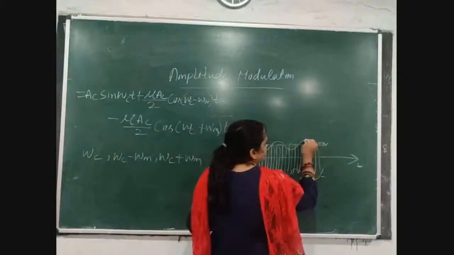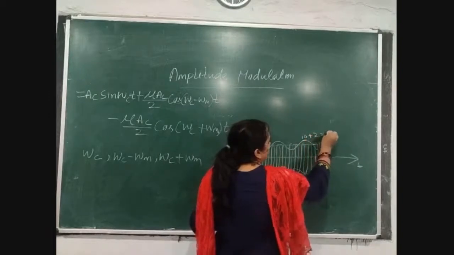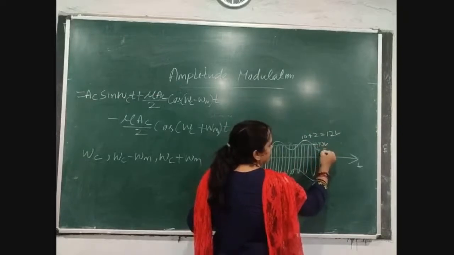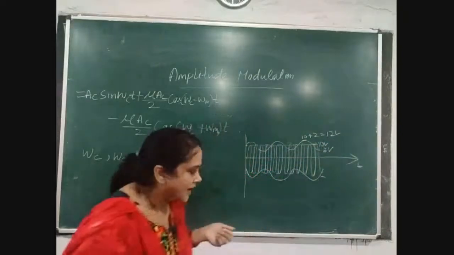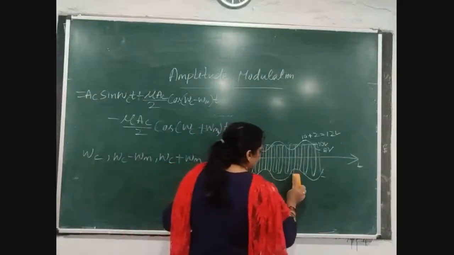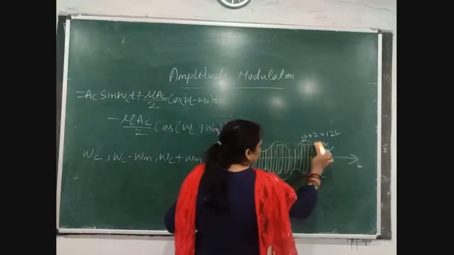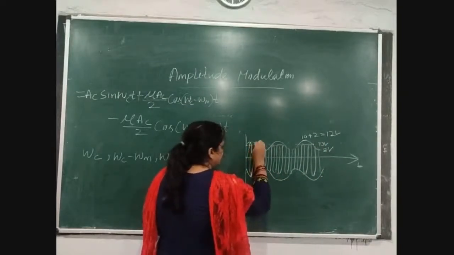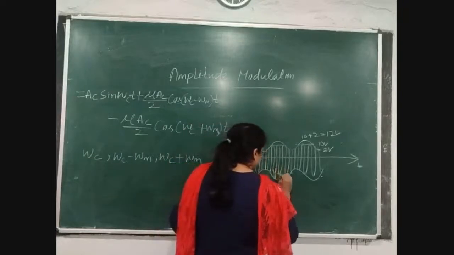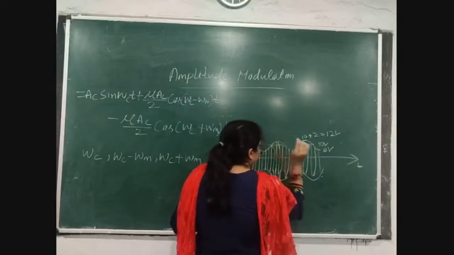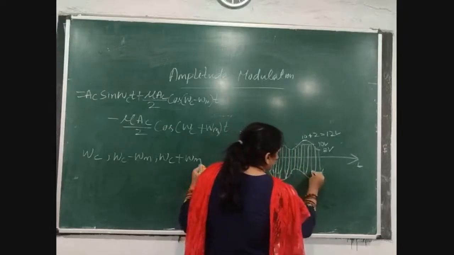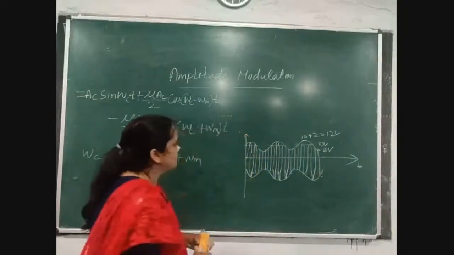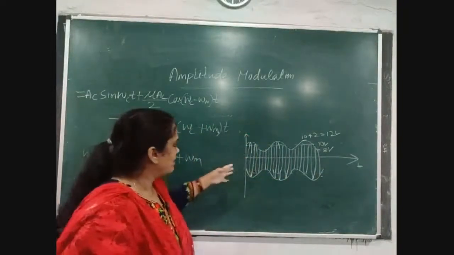So this point is 10 plus 2, 12 volt, and this point is 10 minus 2, that is 8 volt, and the actual modulated signal is like this. So how is the modulated signal formed?